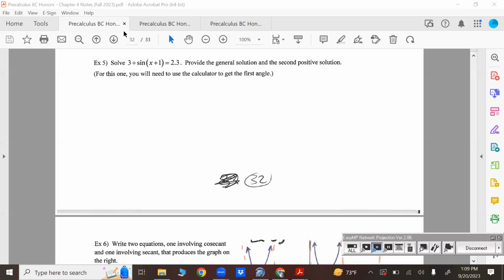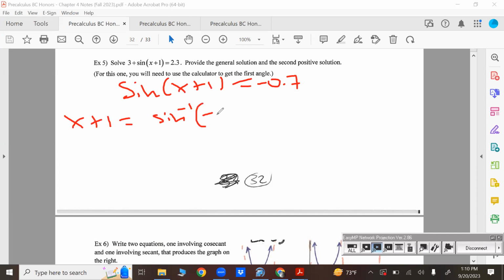Yeah, you're going to need a calculator for this one. So subtract the 3. That's easy. Okay, does that make sense? All right.